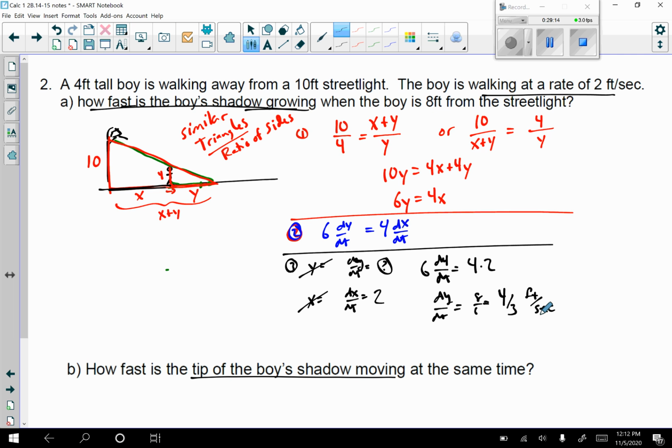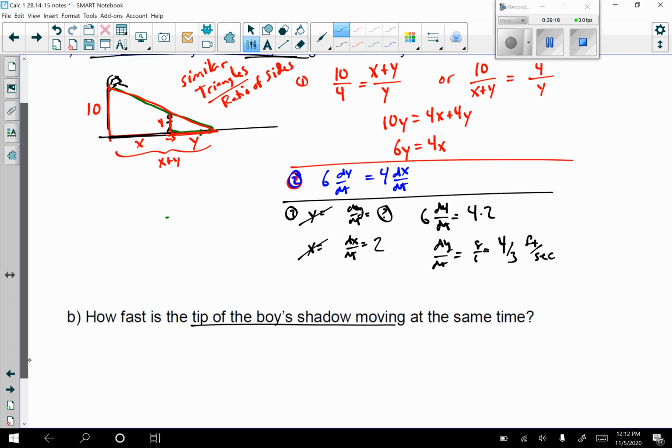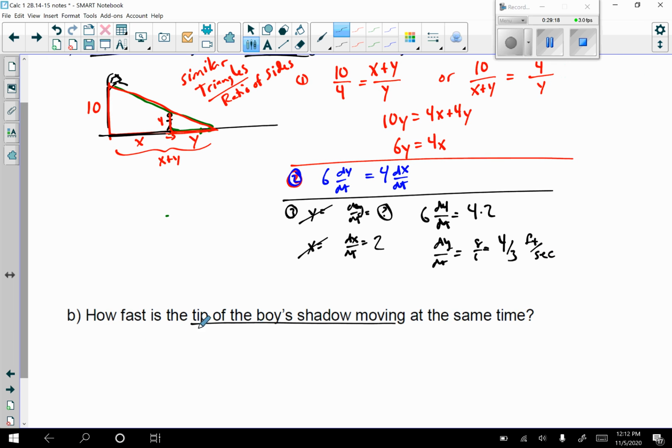So this one, we don't have to do a lot of extra work. The tip of the boy's shadow would include both the x and the y. What we're looking for is the distance from a fixed object, which is the light post, to the tip of the shadow, which is x plus y.